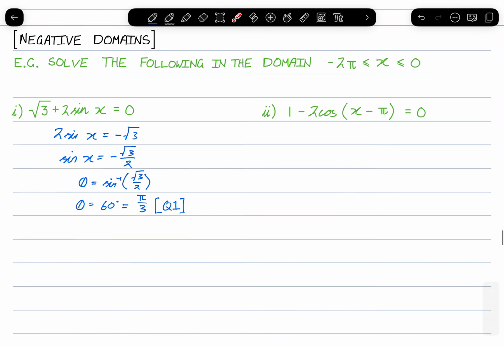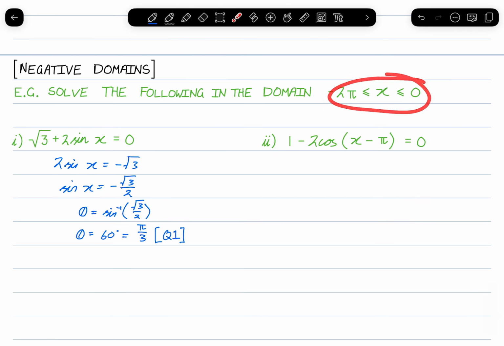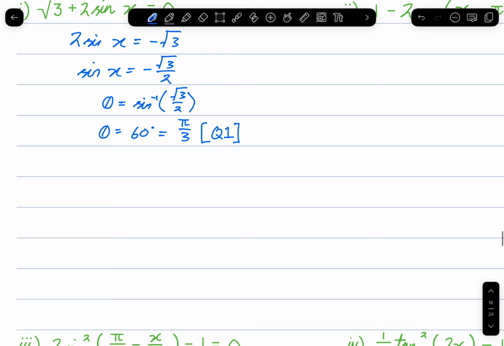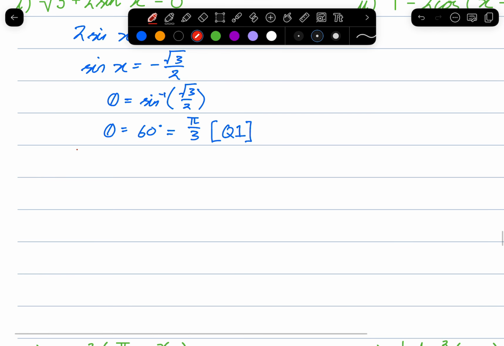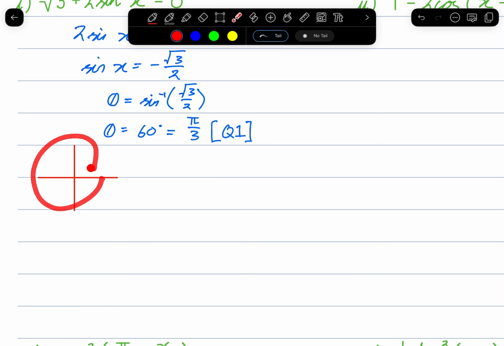Now, look very carefully here. We are working from 0 to negative 2 pi. So if I were to sketch out what we're looking for here, we're actually working in this domain going backwards.